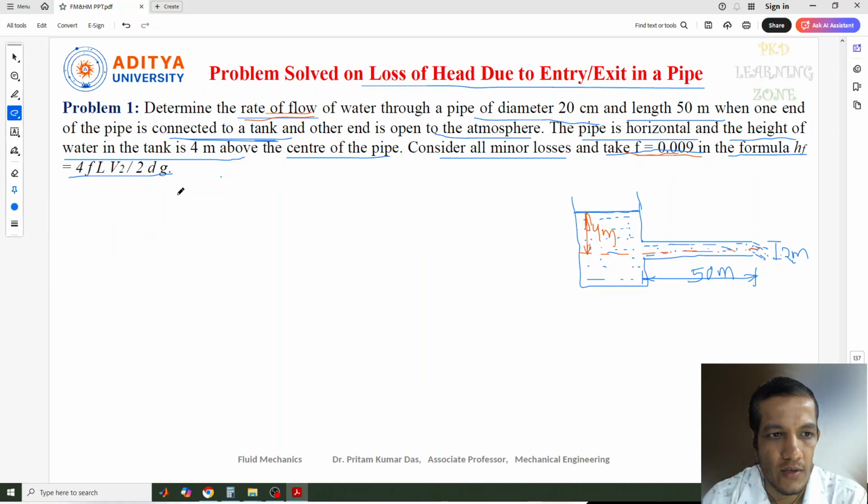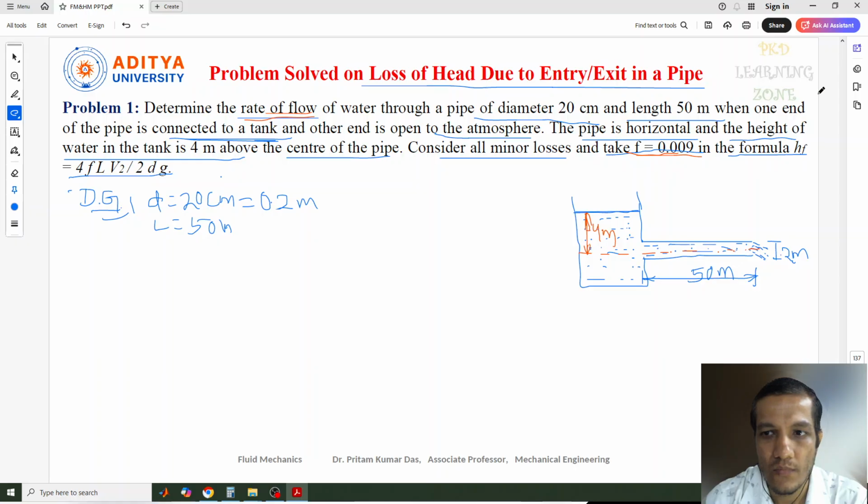So here the data given is: diameter D is given, 20 centimeter, and we can write this in terms of meter, that is 0.2 meter, and similarly length L given, 50 meter.